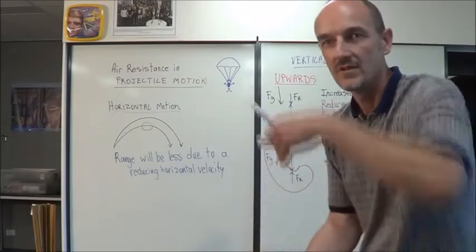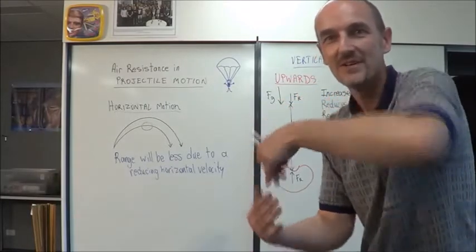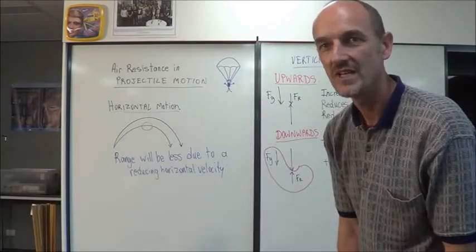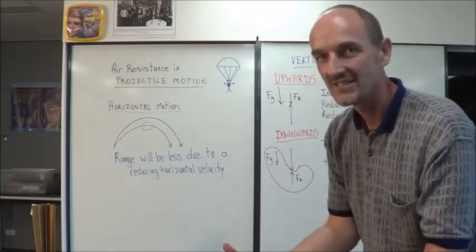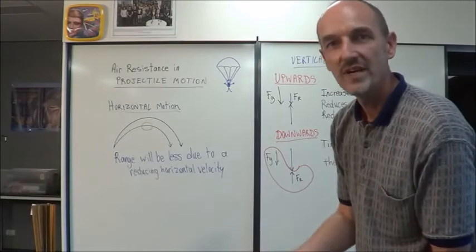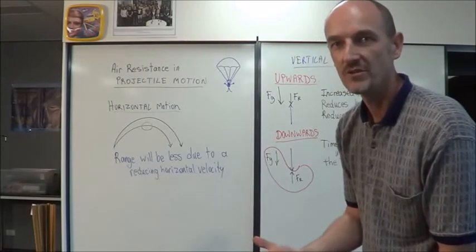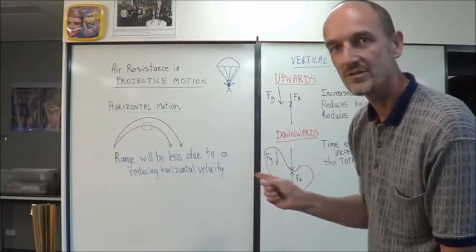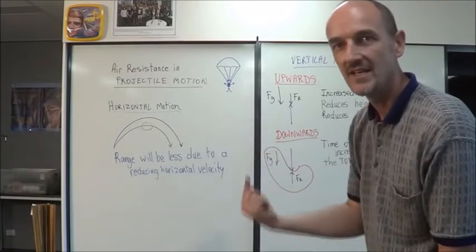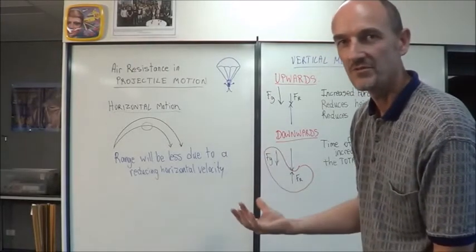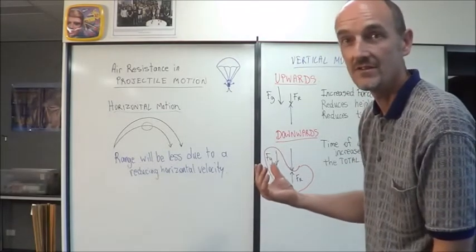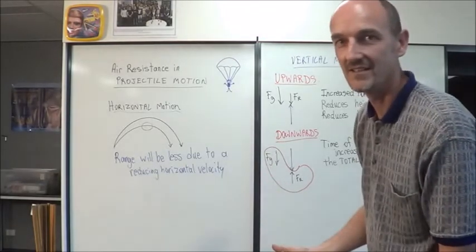Well, if they're opposing and they're equal, then we have a zero net force. If you have a zero net force, then you're going to have a zero acceleration. So we reach what's called terminal velocity. When those two forces are equal, the downwards force and the upward force of air resistance, we reach terminal velocity. And the object can't get any faster.